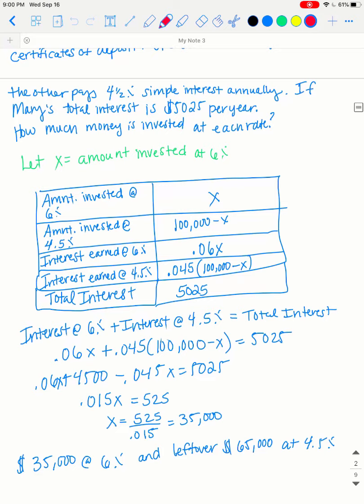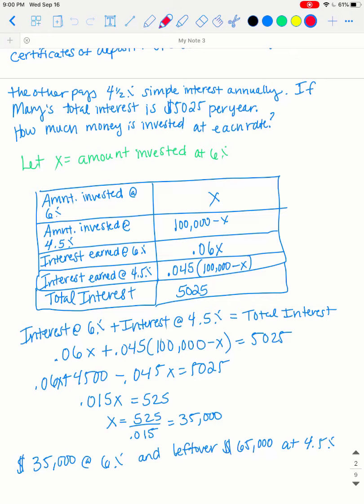So the interest that we accumulate with the 6% interest rate, we're letting that equal 0.06x because we changed the 6% to a decimal. The interest earned at 4.5%, we're going to take 0.045 times the amount that we invested in the 4.5, which we know from above was 100,000 minus X. And we know our total interest was 5,025.